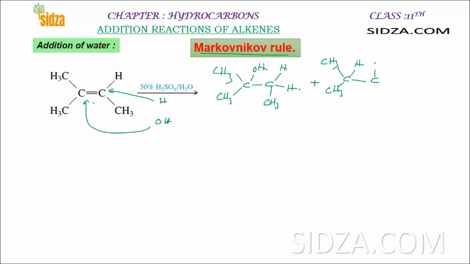And therefore OH will be here, and you get a different product. But this is always a major product. This is the product that you get as per the Markovnikov's rule, and this one is always a minor product because that is an anti-Markovnikov addition. This is formed by the anti-Markovnikov addition.